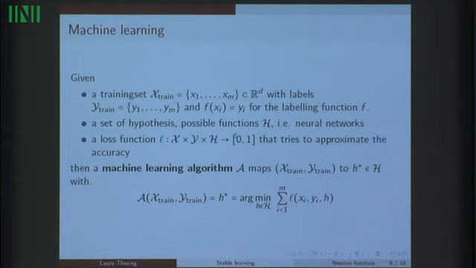Then we take a loss function, which takes in our training set, our labels, and our hypothesis class, and tries to give you some kind of approximation of the accuracy of your network. If you have all that, you can take a machine learning algorithm, put in your training set and your labels, and you get out some kind of minimizer h star, which is minimizing the loss function. I think that's probably familiar to everyone.